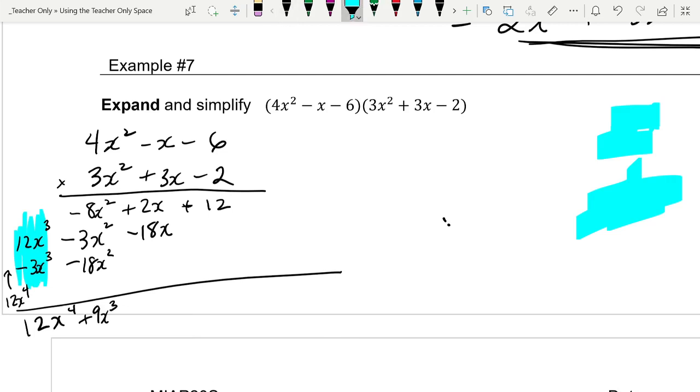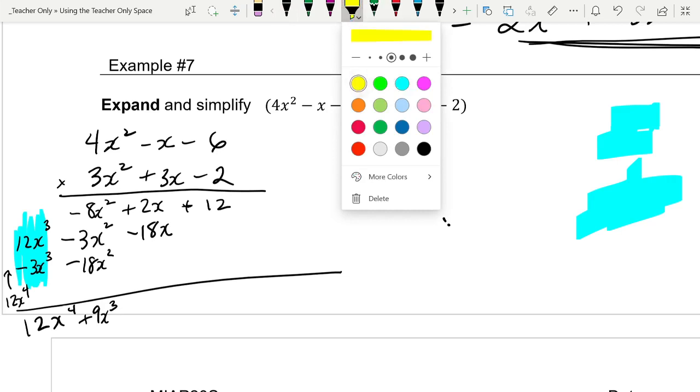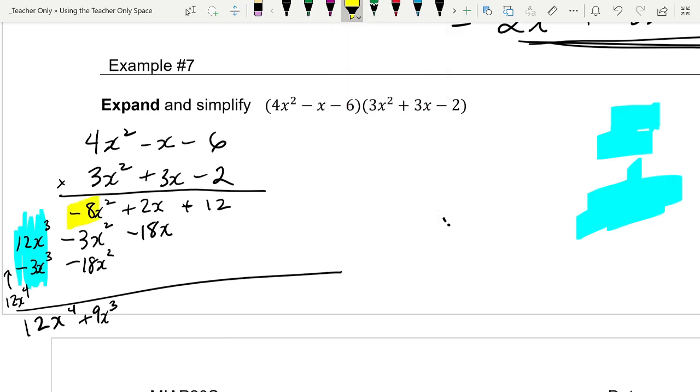Then on the next one, I'm going to add together this column of x squareds. I have negative 8 minus 3 more minus 18 more. So negative 8 minus 3 is negative 11. Negative 11 minus 18 is negative 29x squareds.